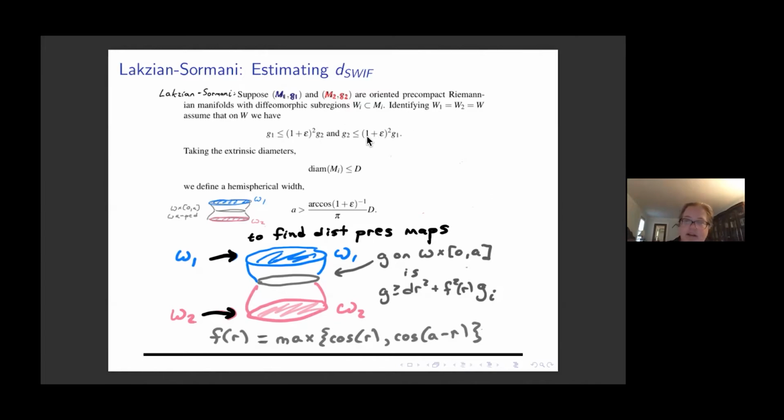So what we think of here is you imagine that W1 and W2 are actually equal to W and that they just have two different metric tensors on them. This way I've already incorporated the diffeomorphism. I pulled back the metric tensors to both sit on the same W.